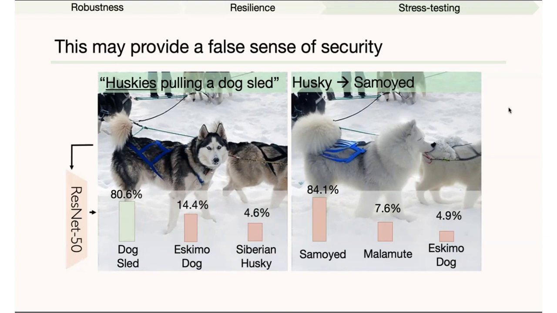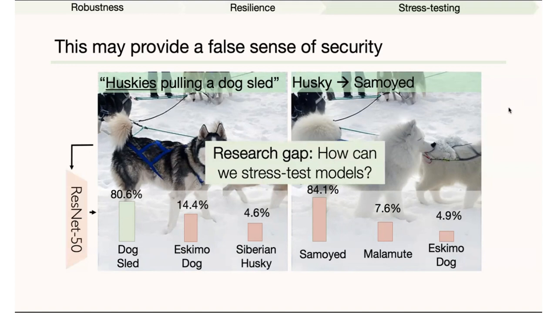What all this is saying is that all dog sled images in ImageNet are huskies pulling, so if you want to deploy this in a different country, that's not going to work well. We aren't really saying this is a problem, but it just doesn't agree with the label. Yeah, we're just trying to say that there is this sensitivity to the dog breed. Whether or not it's a problem is something the practitioner has to judge.